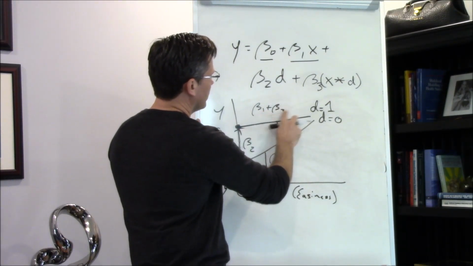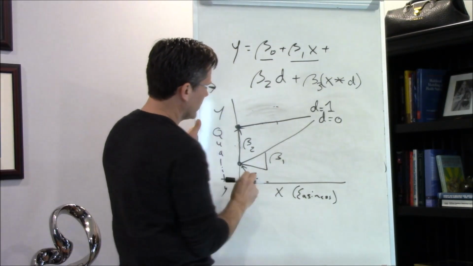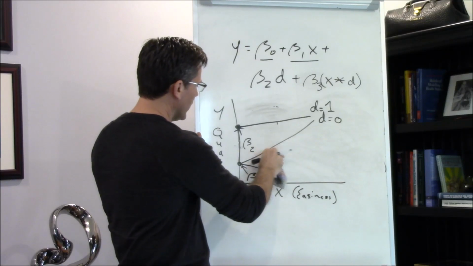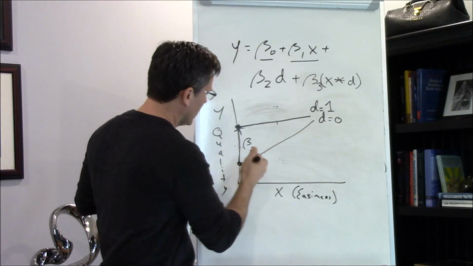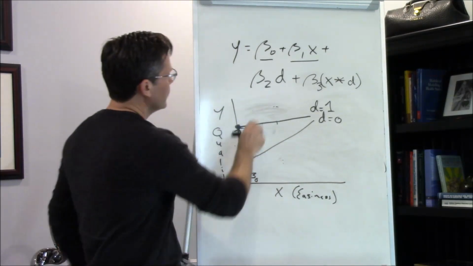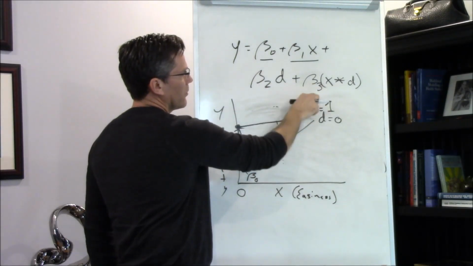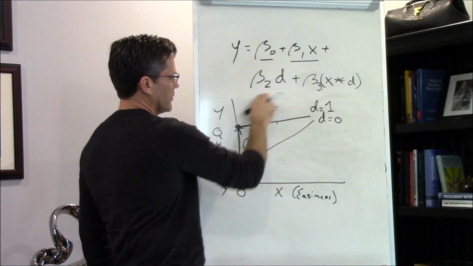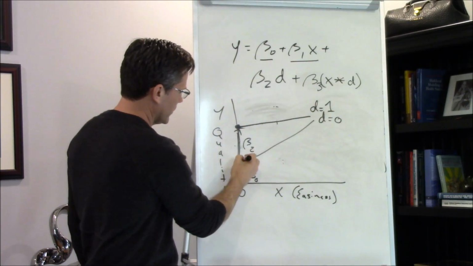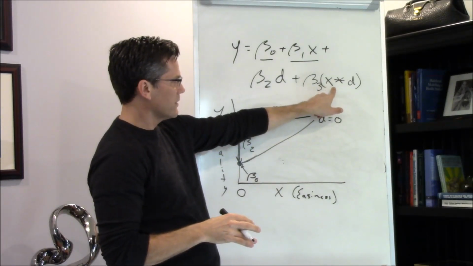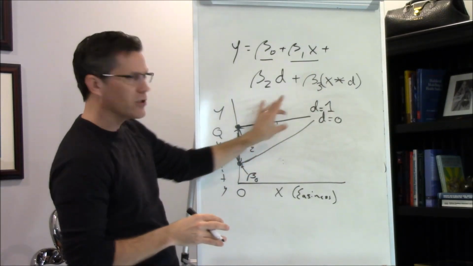So we've got, let's make a little space here, our two regression lines for our two groups. Beta 2 is the group difference when x is 0, right? So if x is 0, this drops out, and beta 2 is our group difference. So that's our group difference right here, right? But as x increases, that group difference changes.